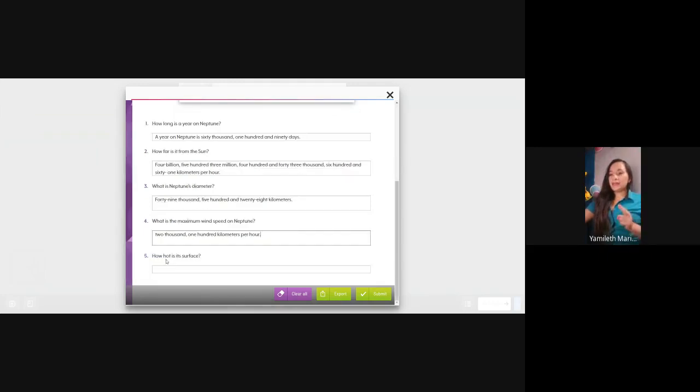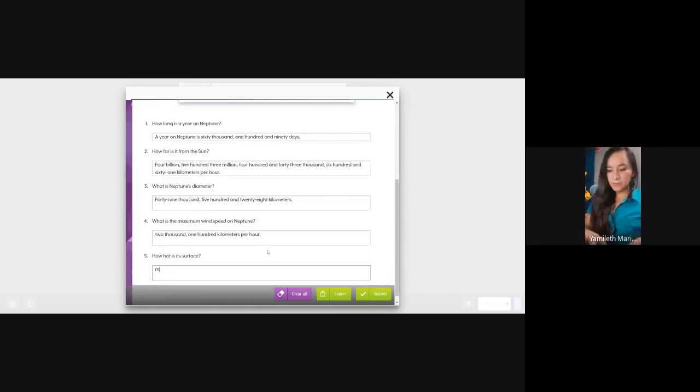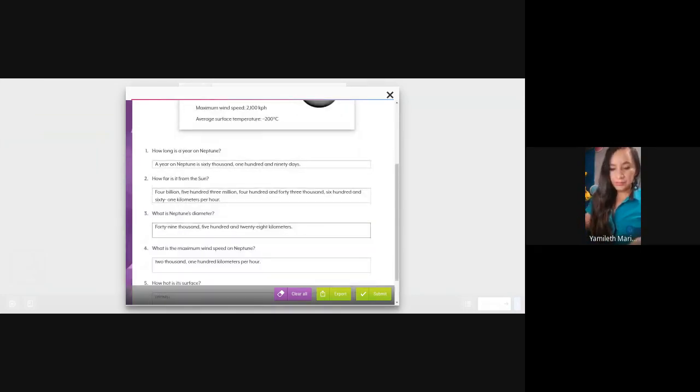And the last, how hot is its surface? Minus 200 degrees Celsius.